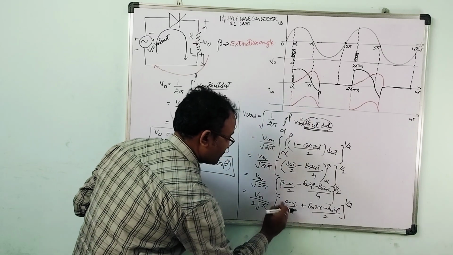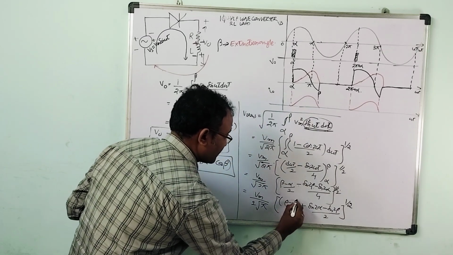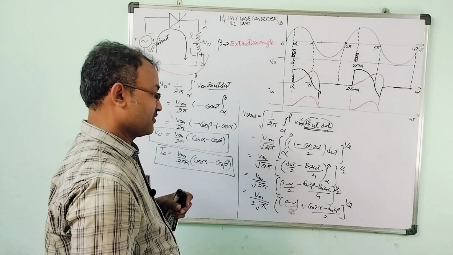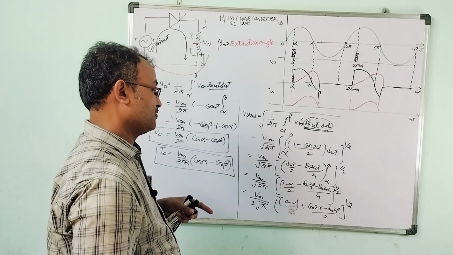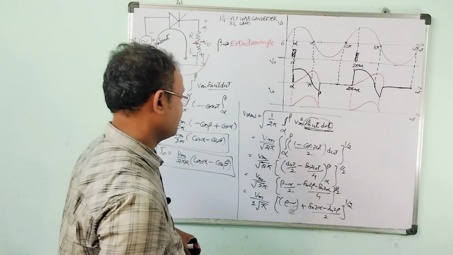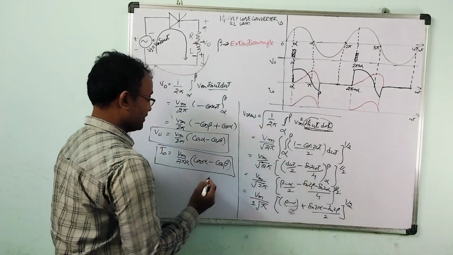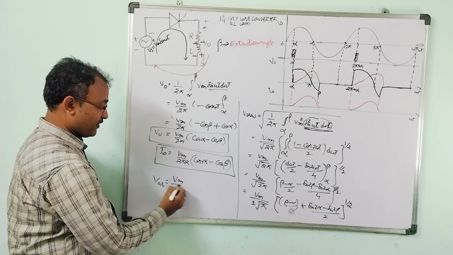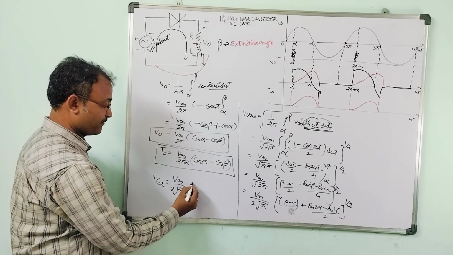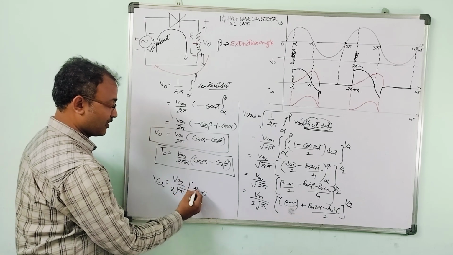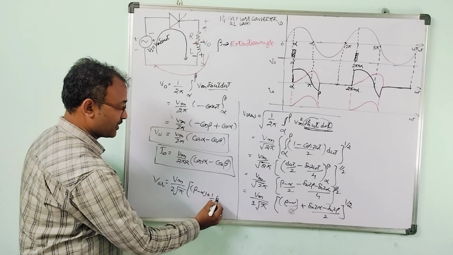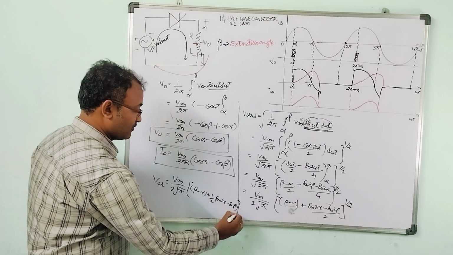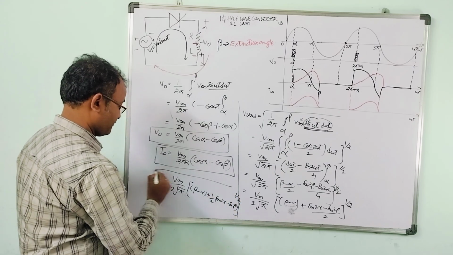Since we have taken 2 outside, it is only beta minus alpha plus half of (sin 2 alpha minus sin 2 beta), to the power of 1 by 2. Finally, V naught RMS equals Vm by 2 root pi times (beta minus alpha plus half sin 2 alpha minus sin 2 beta), whole to the power of 1 by 2.